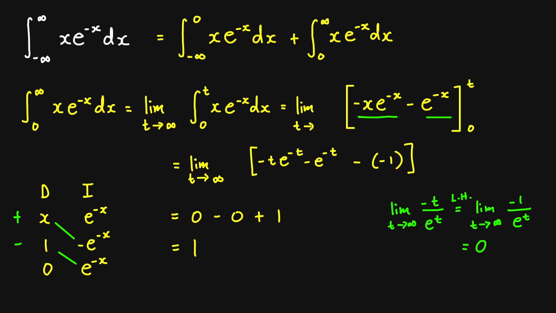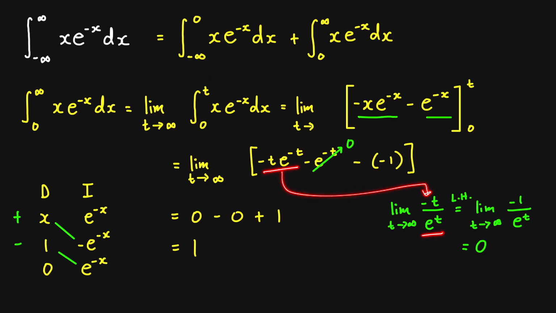Now, we know already that as t approaches infinity, e raised to negative t approaches 0. So that is just 1 over e raised to t. Now, what is the limit of this term here as t approaches infinity? Note that this term here can be written as negative t over e to the t.